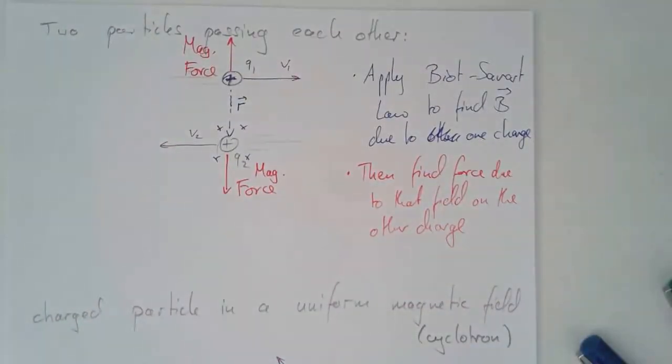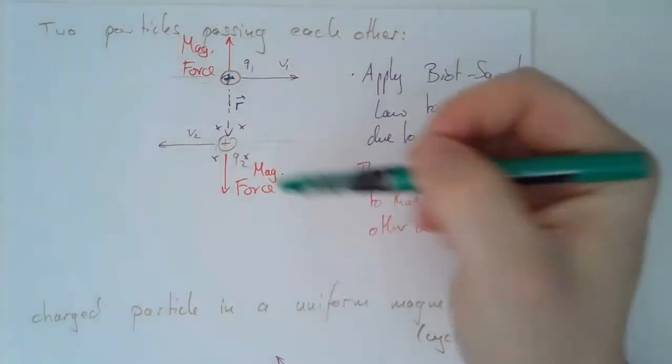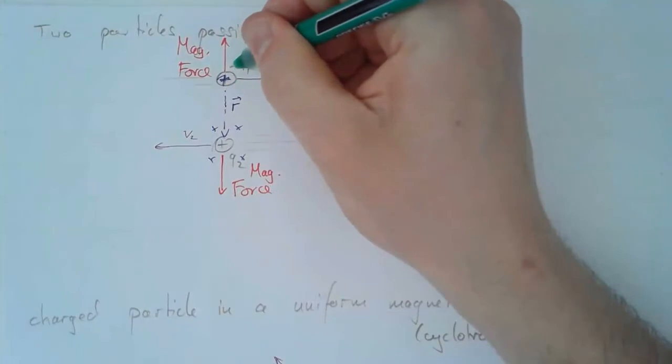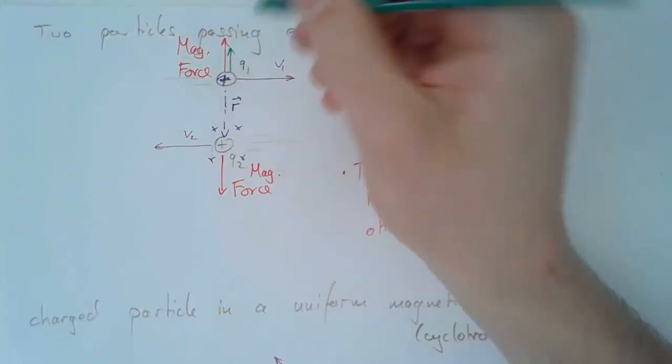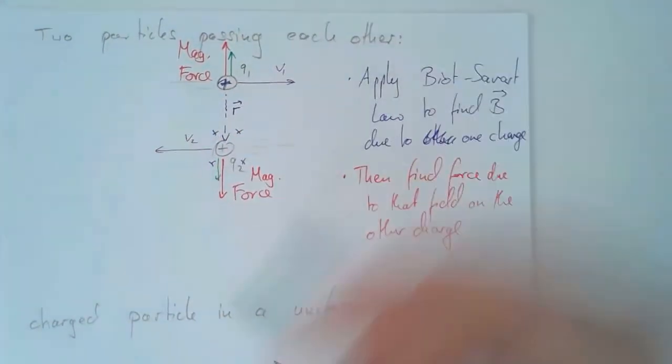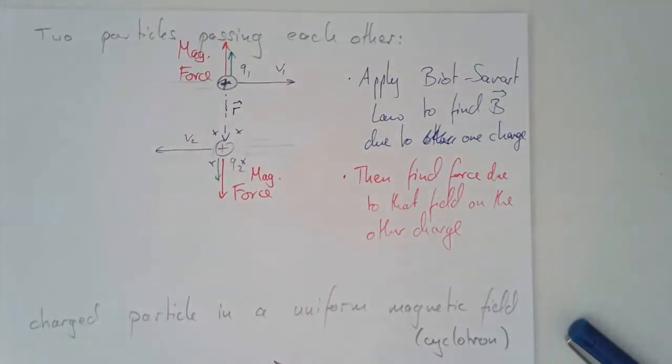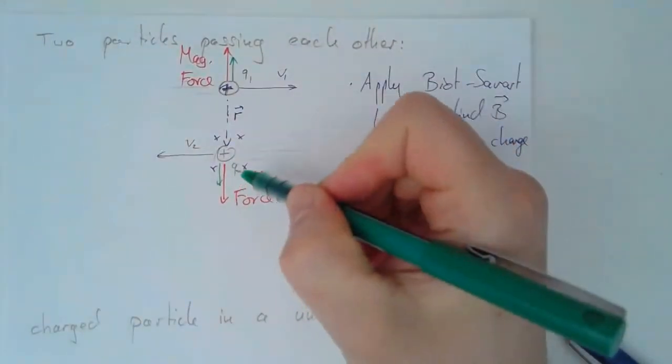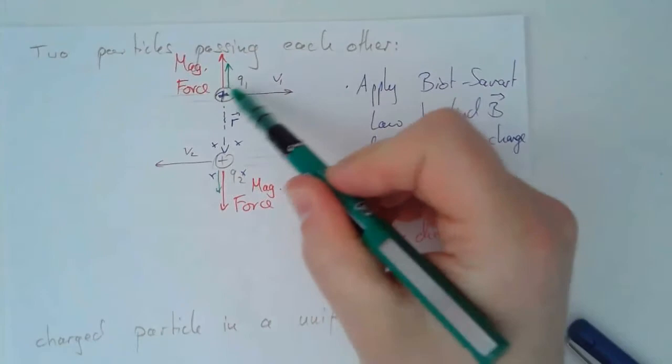Because, well, there's also an electrostatic force. And because they're both positive charges, in this case, they'll actually also repel each other. I don't know which one is stronger, electrostatic or magnetic. It depends on the velocity. The charge features in both, but the velocity only features in the magnetic force.